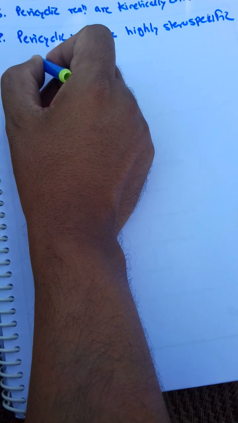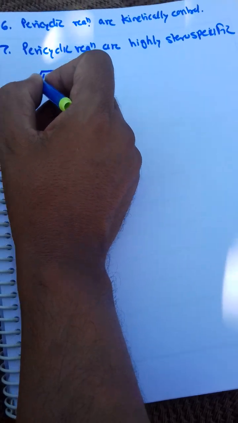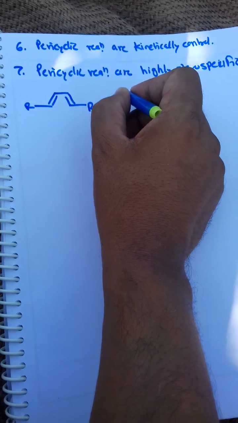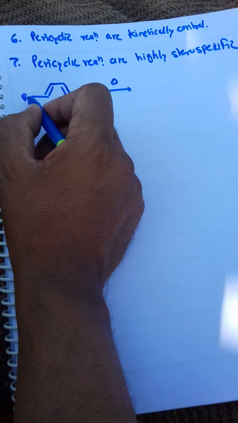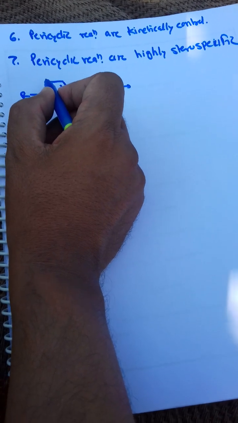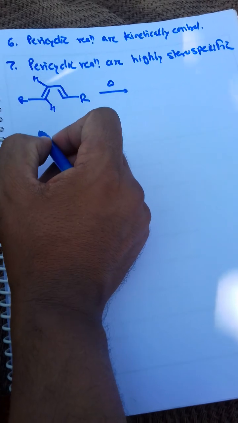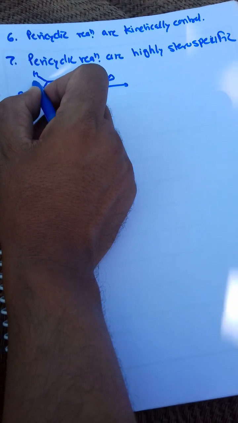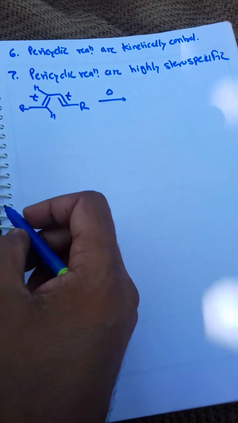So here this is a substituted diene. This is the reactant. If we initiate the reaction thermally, what is the stereochemistry of this double bond? This is R and this is H, or this R and this H. These are opposite, so the stereochemistry of the double bond is trans. Similarly in this case, this is also trans.